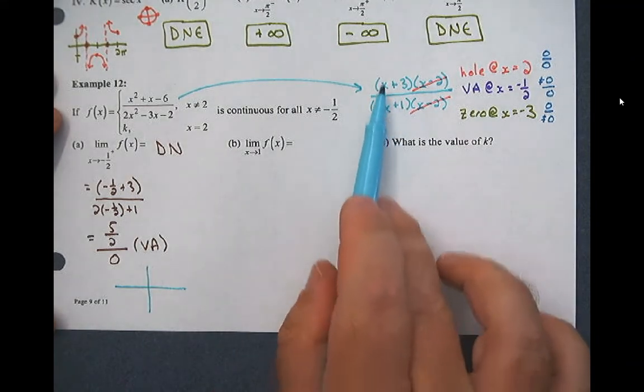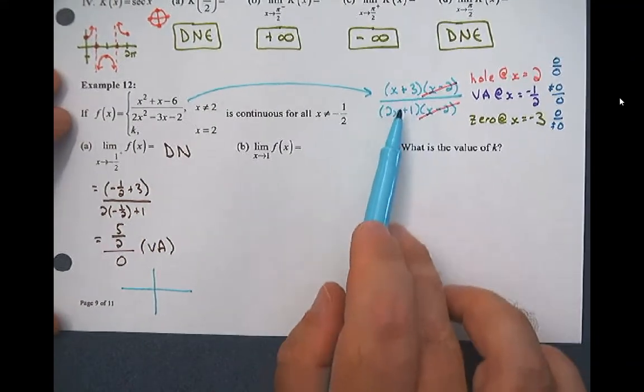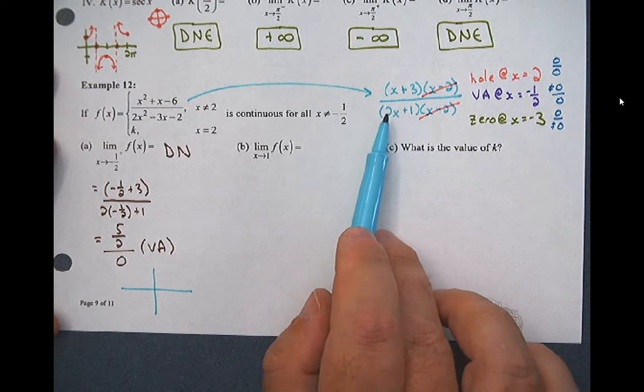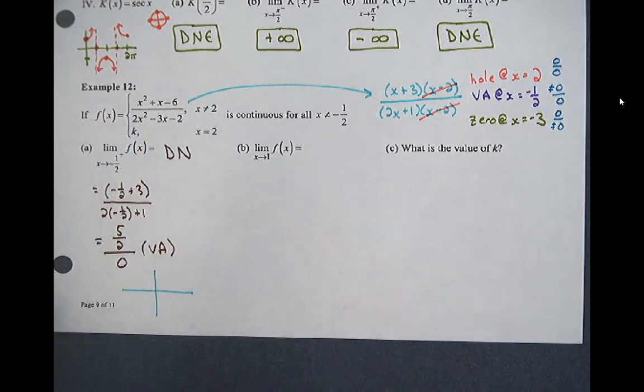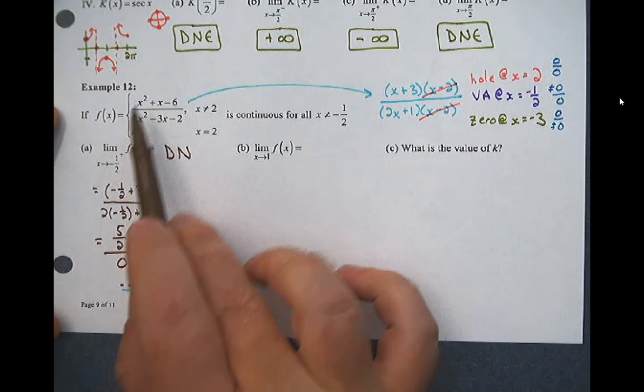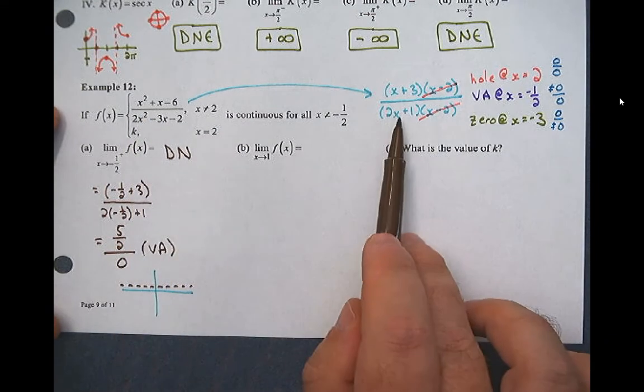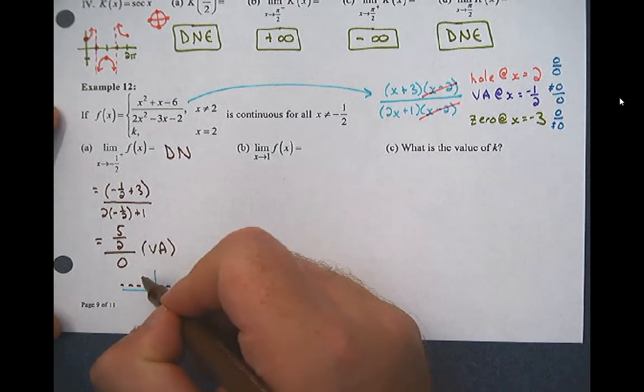Okay, this is what our function is going to look like except for the hole. So we have an HA of y equals 1/2. We have a VA of x equals negative 1/2.